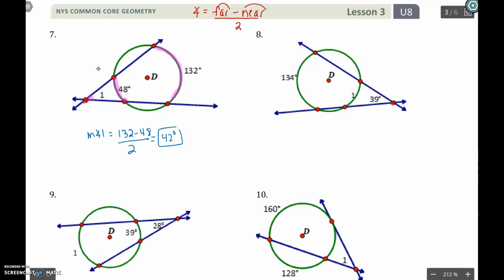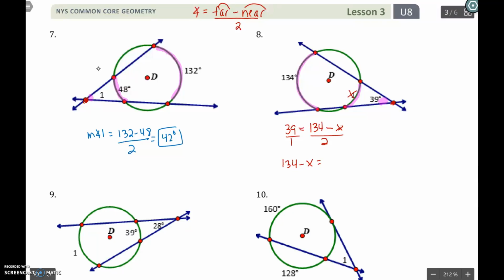Okay, on this next one, we have the angle, so we're filling that in for the angle portion on the left. The 2 arcs are intercepted here and here. I'm going to put x here again because if I'm filling in one of the arcs, I'm going to end up with an equation to solve. So my angle is on the left, that's 39 degrees. The further away arc is 134, minus the closer arc, which is my x, over 2. So I'm going to cross multiply. 134 minus x is still 134 minus x when you multiply it by 1.